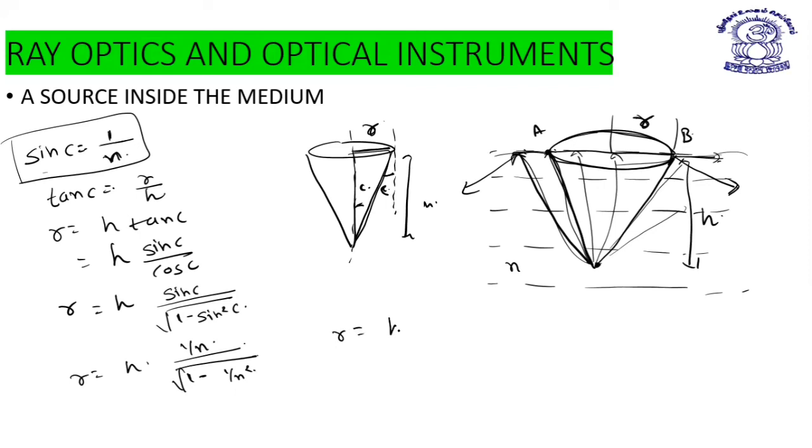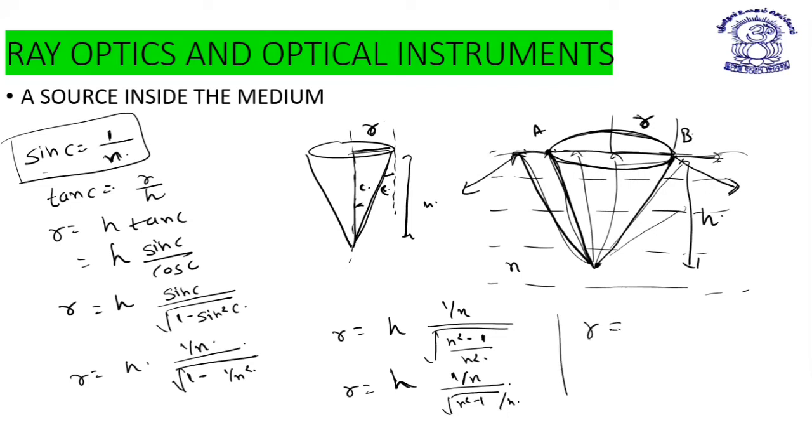So r is equal to h into 1 upon n divided by under root n square minus 1 divided by n square. So r can be written as h upon under root n square minus 1. This will be the radius of the illuminated disk.